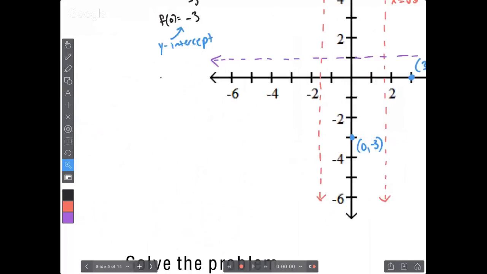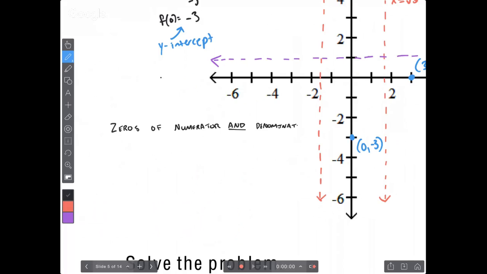I'm going to zoom in over here and say zeros of numerator and denominator.